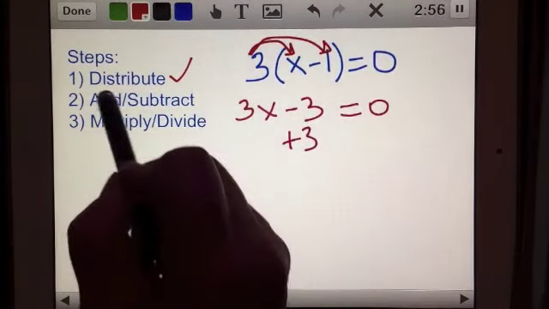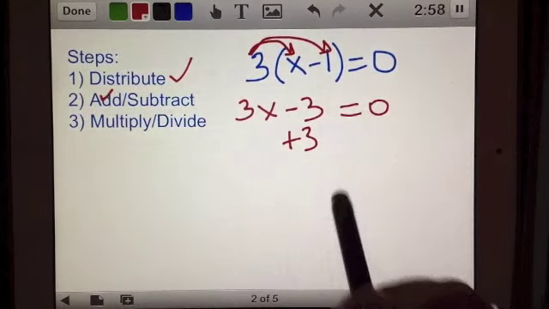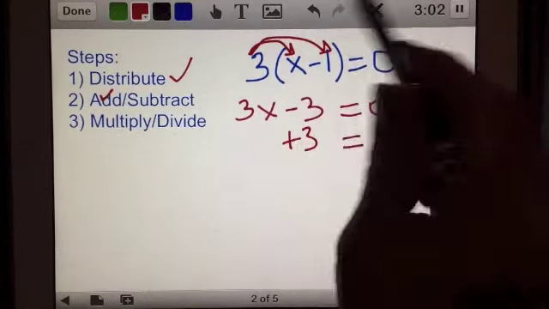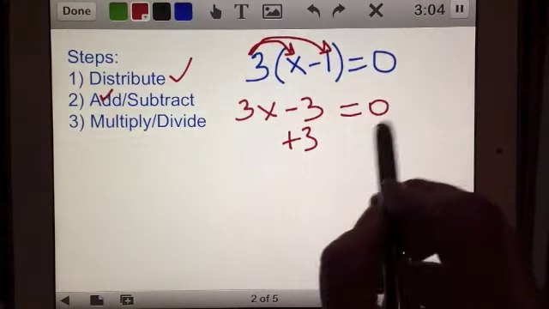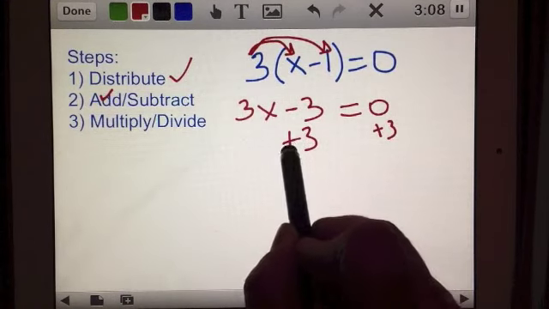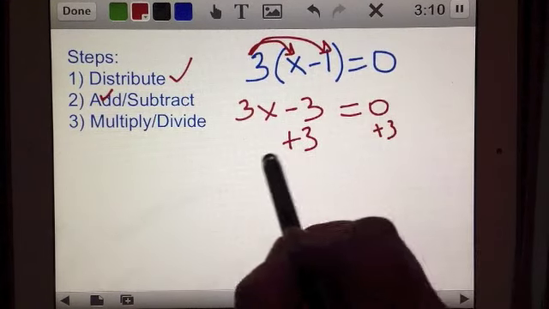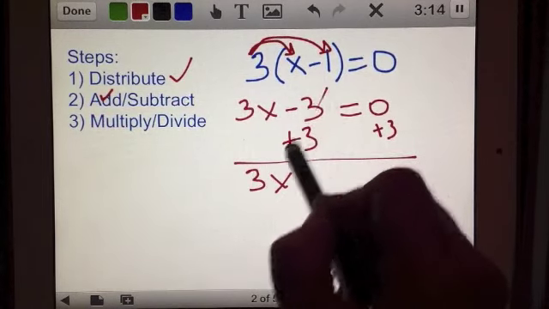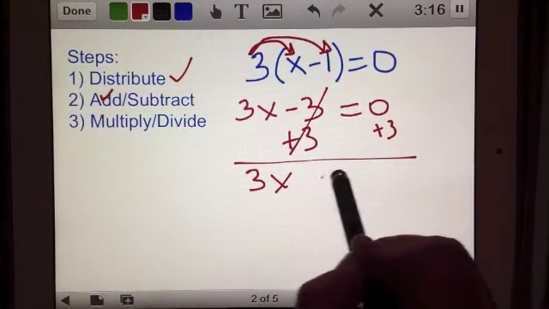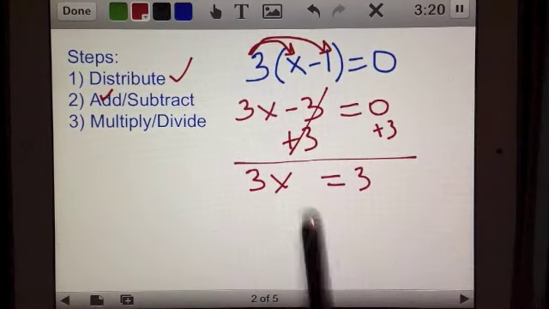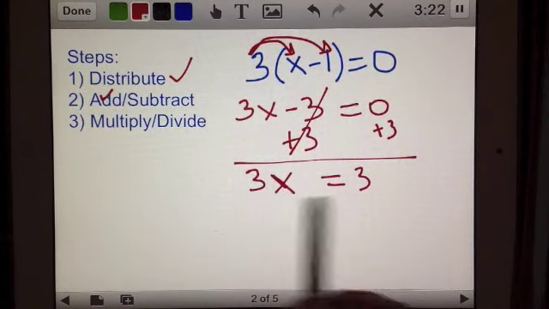I'm adding, not subtracting 3. And I'm going to add 3 here. So what I do to one side, I must do to the other side. So I'm adding 3 on this side, adding 3 on this side. That will get me 3x. These two cancel out, equals, and 3 plus 0 is 3. Okay, so now I have 3x equals 3.